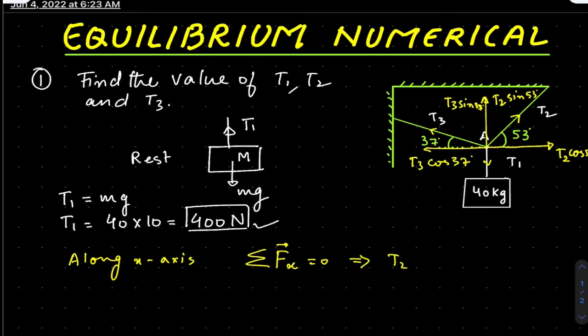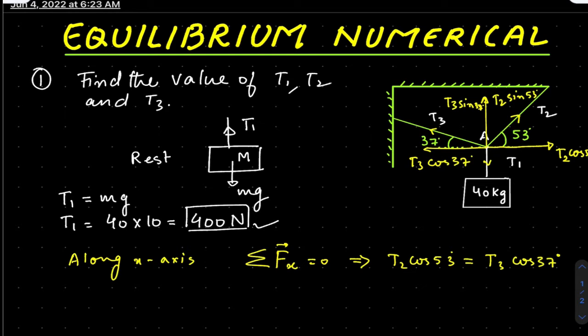It means that T2 cos 53 degree must be equal to T3 cos 37 degree. This is the first condition, and the second equation we can get from the y-axis.